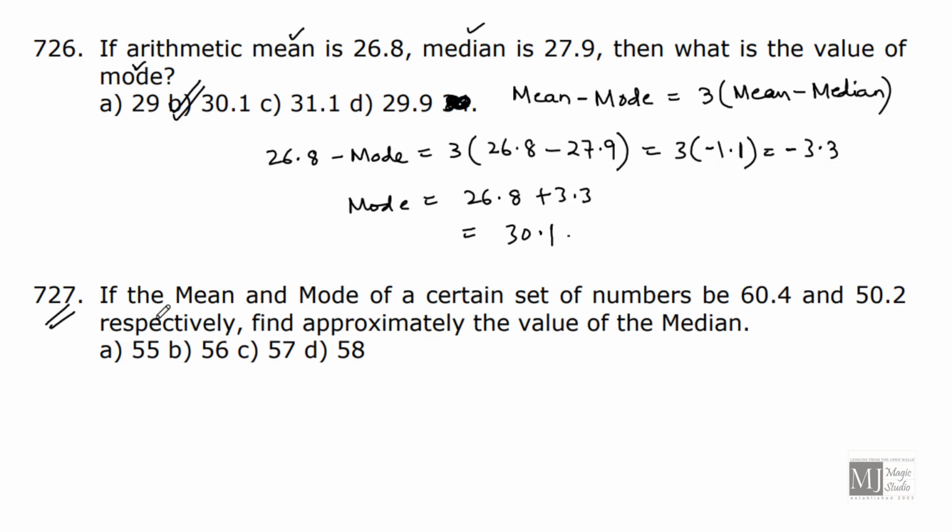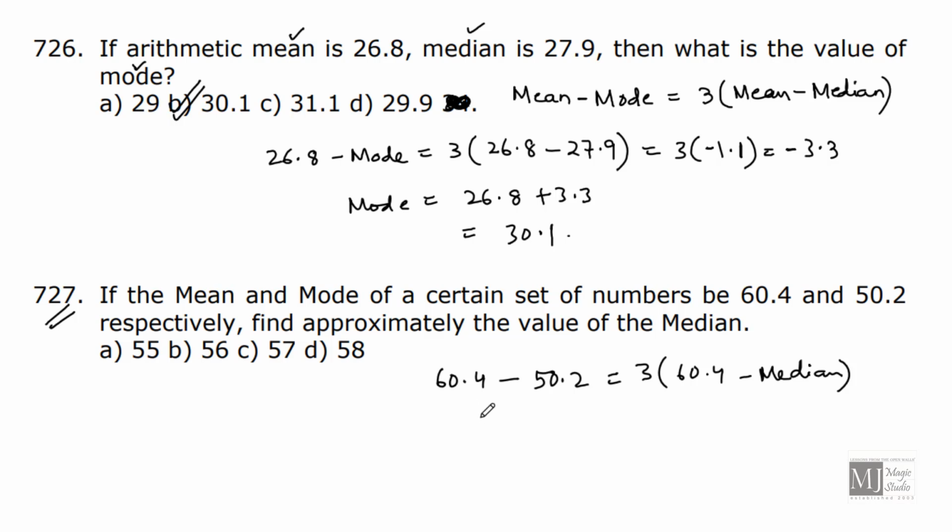Let's do one more quickly based on the same formula so that we can remember the formula now. If the mean and mode are given, find the value of median. Okay, mean is 60.4 minus mode is 50.2 equals 3 times mean 60.4 minus median.